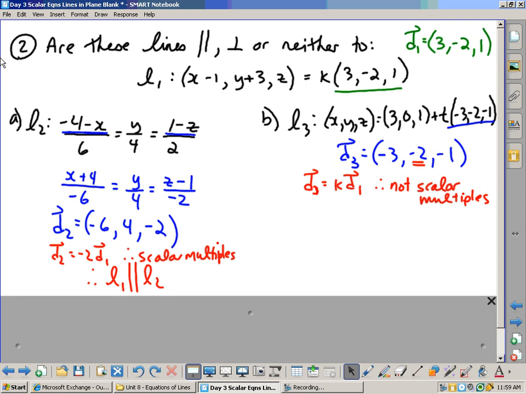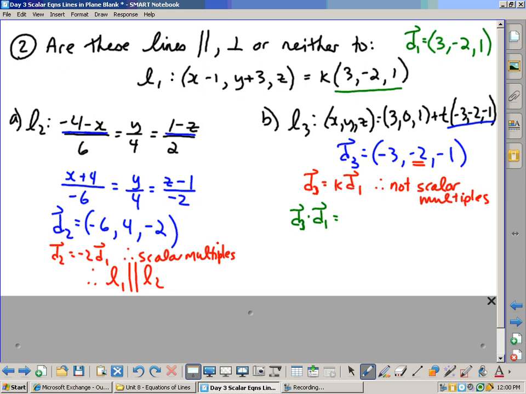And being that you are the best class ever, you of course will not forget this. You will remember that to figure out if these are perpendicular, we will take their dot product. And if the dot product is 0, we know they're perpendicular.